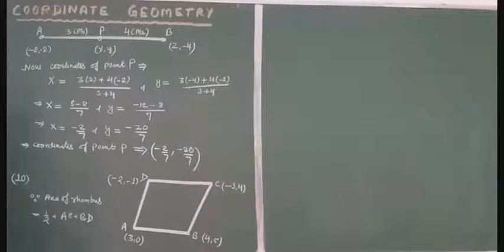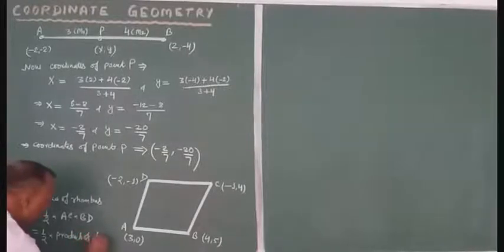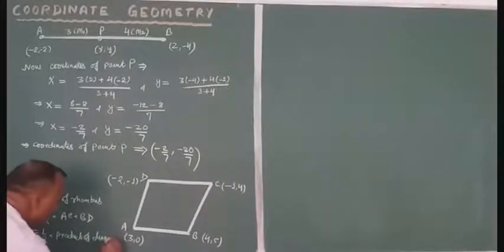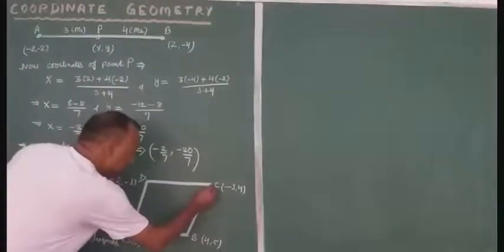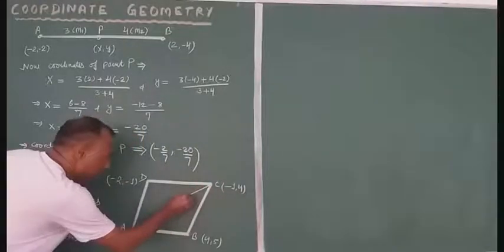What is the formula of area of rhombus? 1/2 into the product of diagonals. And here we have two diagonals, AC and BD.